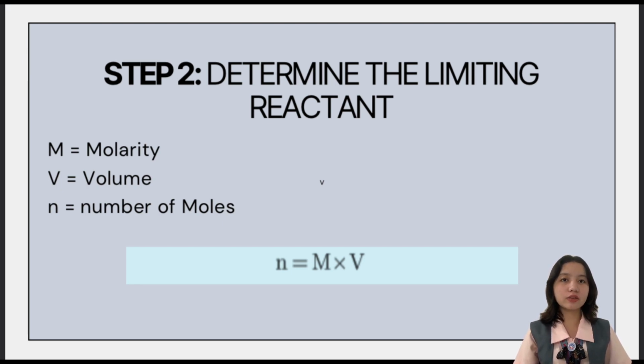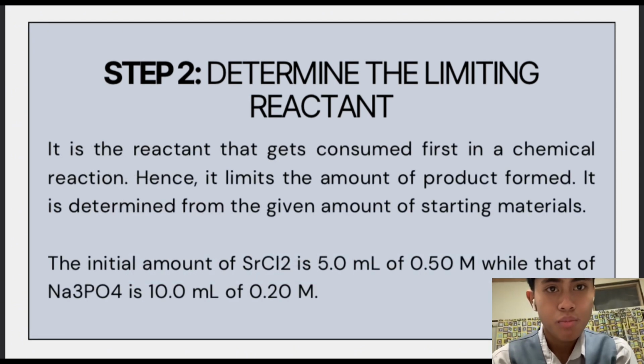It is calculated through n equals M times V, where M is the molarity and V is the volume in liters of the solution. In our example above, the initial amount of SrCl2 is 5.0 mL of 0.50 M, while that of Na3PO4 is 10.0 mL of 0.20 M.